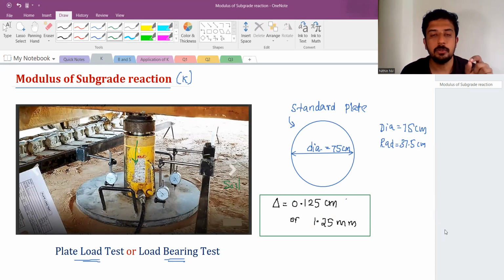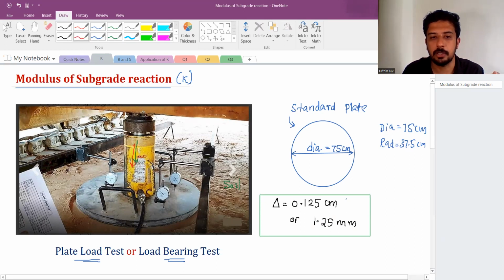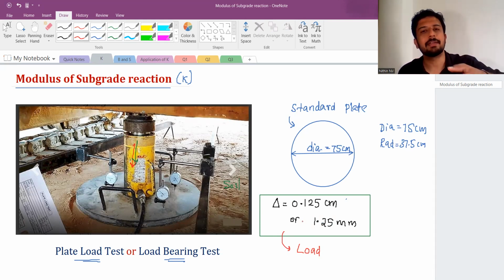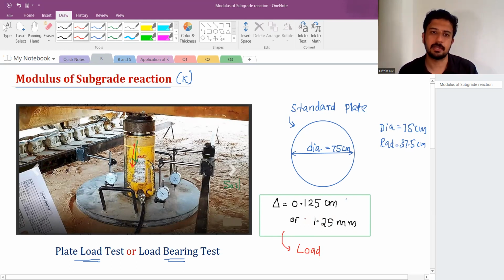So corresponding to 0.125 centimeter deflection, we are going to check how much load we have given, which you will be understanding if you are looking at the dial gauges. Understanding? So the load corresponds to this particular deflection. See, as the load increases, deflection also will be increasing, right?